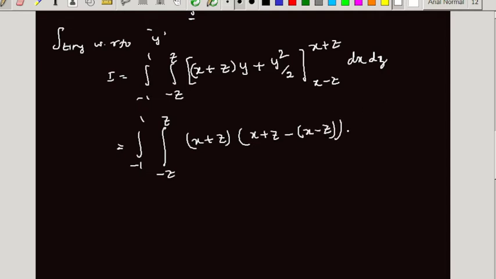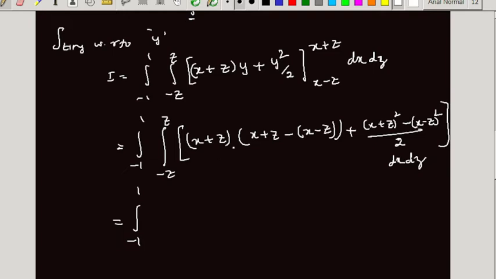We close the bracket, plus here we apply the upper limit x plus z whole square minus x minus z whole square in the denominator, whole dividing by 2. Here this should be integrated with respect to x and z. Now we simplify this one.